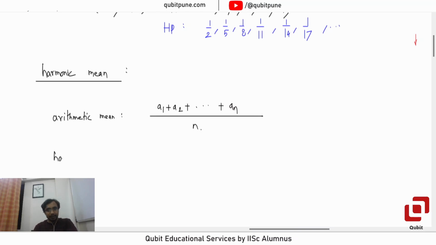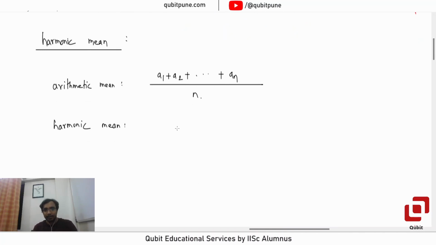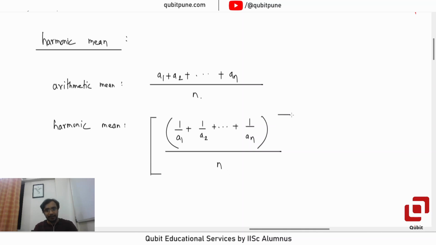I think I told you this when we were discussing statistics, but anyway, I'll mention it again. To calculate the harmonic mean, we first take the reciprocals of all the available numbers. Then we add them and divide the sum by the total number of terms, and again we take its reciprocal. That gives the harmonic mean.